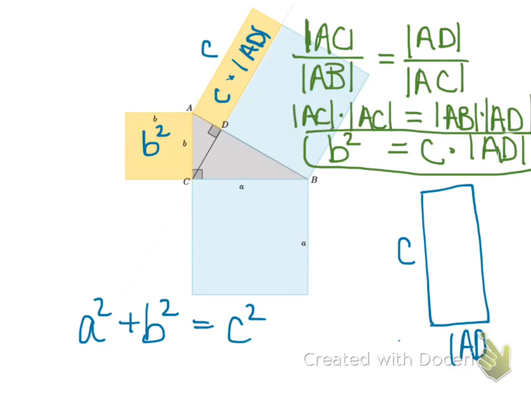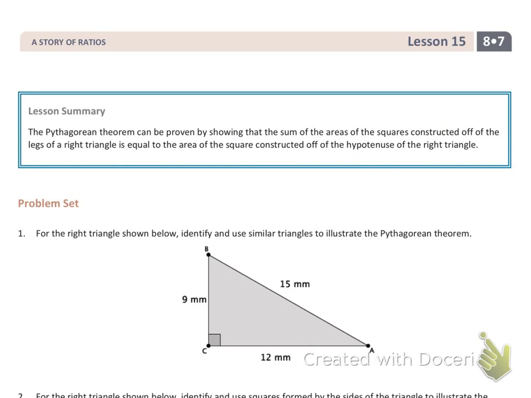Okay, so hopefully now you are fully convinced that the Pythagorean theorem is true for right angles.